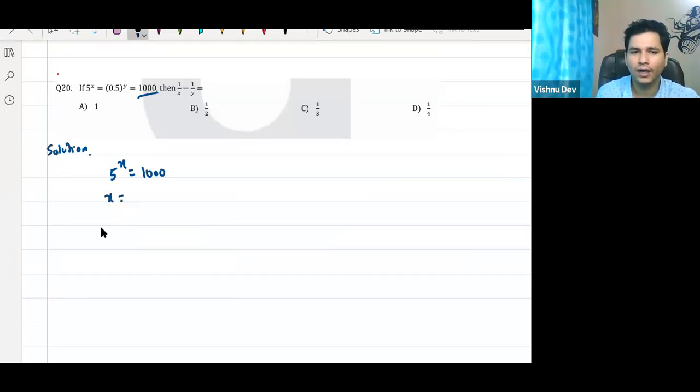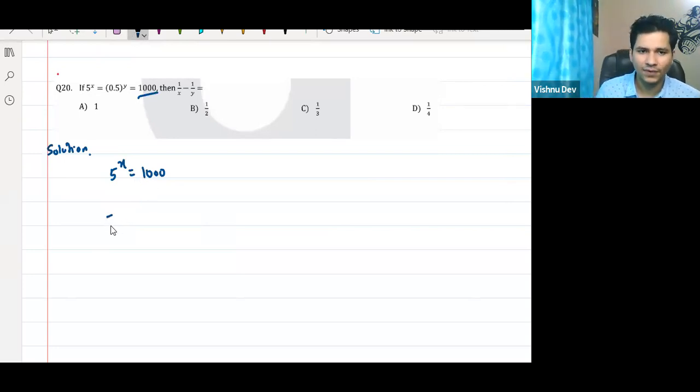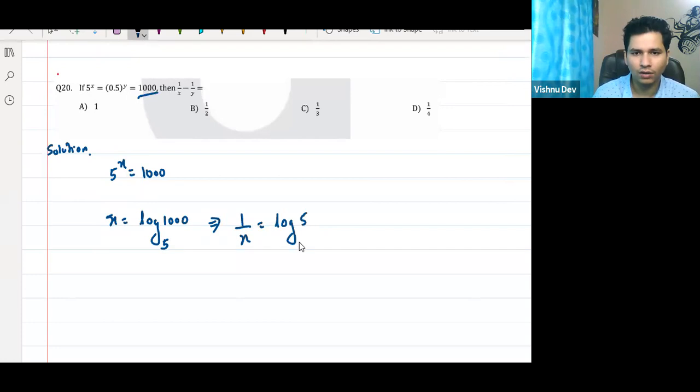It is better to have the reference: x is equal to log 1000 base 5. Yes or no? Or 1 by x is equal to log 5 base 1000.